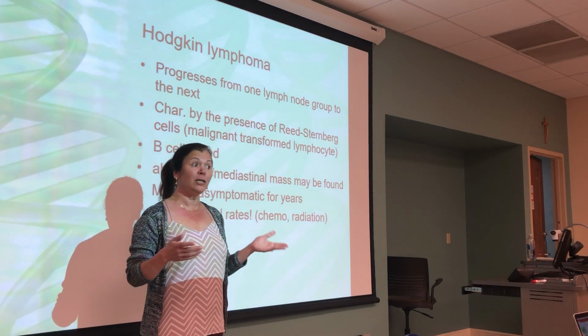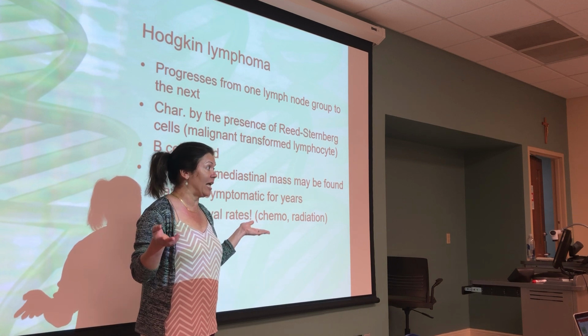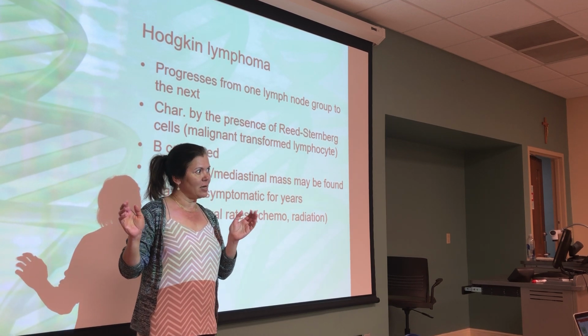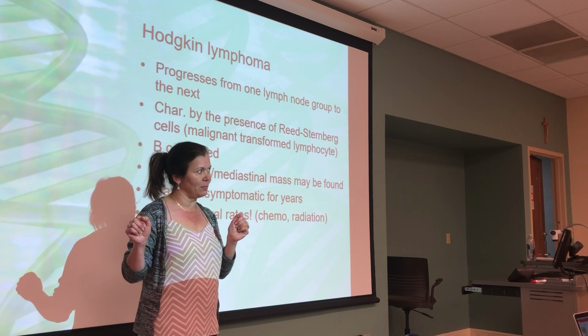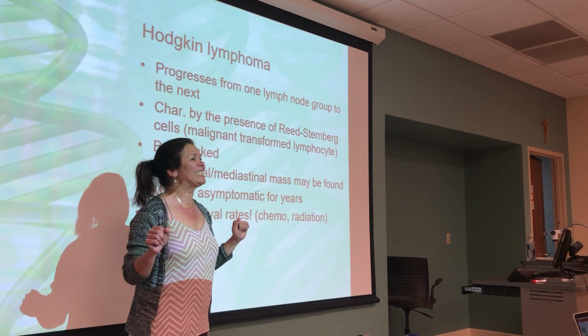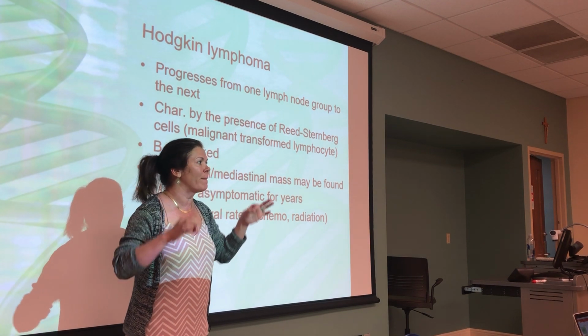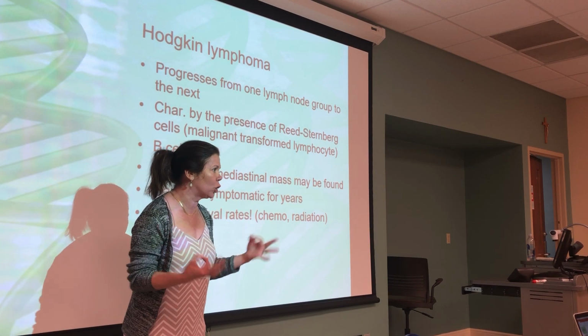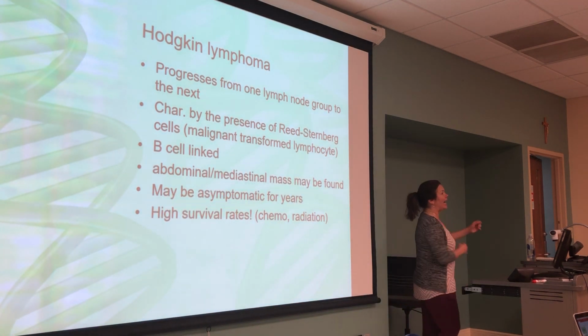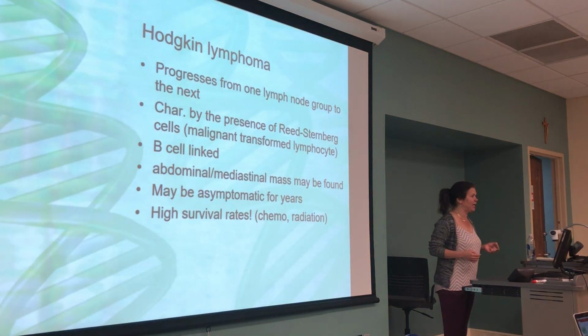Now, since I mentioned to you that all these cancers have a translocation, like the Philadelphia chromosome, right? Reed-Sternberg cells are the pathognomonic translocation for these patients. How do you think you diagnose this patient?